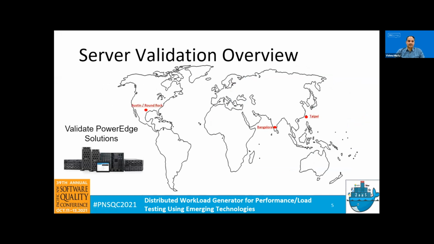The server validation group is located in 3 different regions: Austin, Bangalore, and Taipei. I am from the Bangalore Development Center. As I mentioned in the previous slide, we do end-to-end server validation before we release to the market. It contains unit testing, functional testing, regression testing, and offer testing, or we can call it system testing.